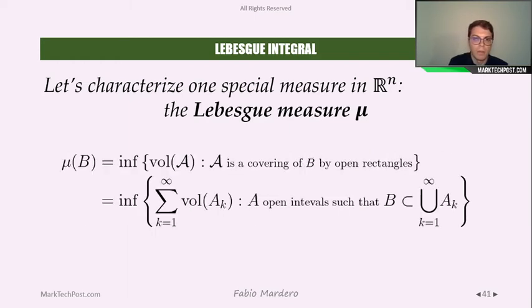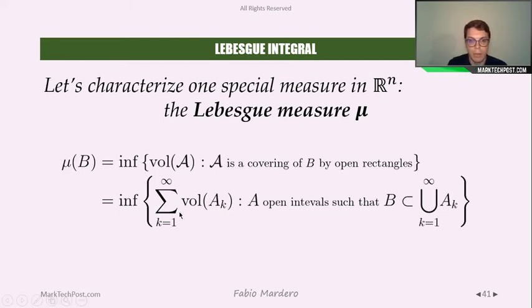What can we do? Well, the Lebesgue measure is defined such that the volume of B is the infimum of the volume of this collection of rectangles, such that A is covering B by open rectangles.